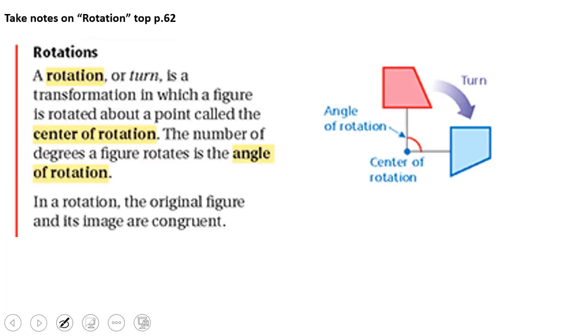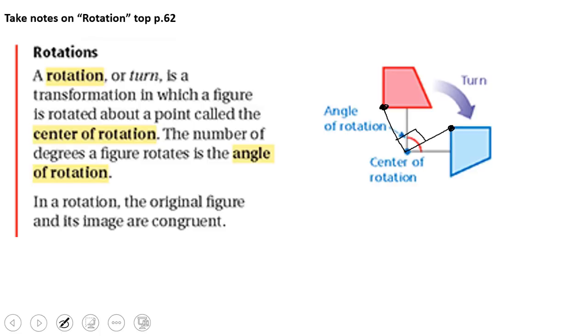If I take this point right here on the original red figure, and I take its corresponding point on the image, if I draw it to the center of rotation then over, notice these two lines will be the same distance from the center of rotation, and there is a 90-degree angle there.